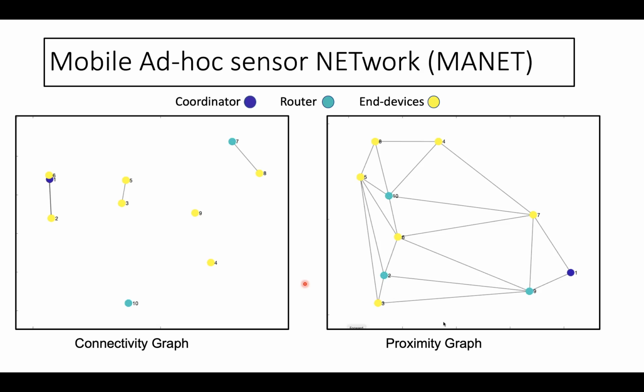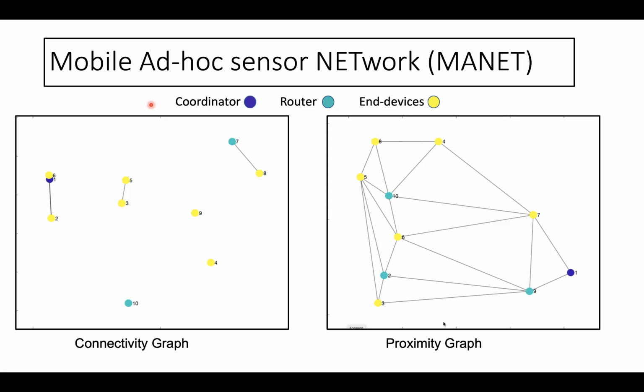As a last example, we consider a scenario with a dynamic space. This is similar to what you have seen at the beginning. We are considering a sensor network, but it's a bit more complicated. In that case, we are considering a mobile ad-hoc sensor network, and this system can consist of thousands of mobile devices that are connected and are used to monitor different things such as pollution, temperature, humidity.